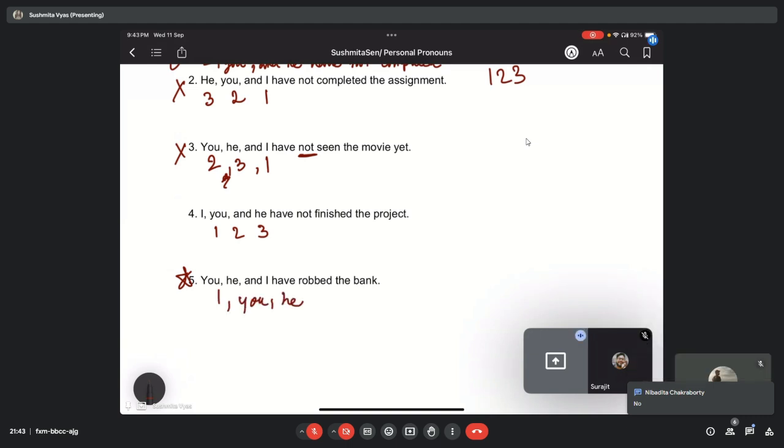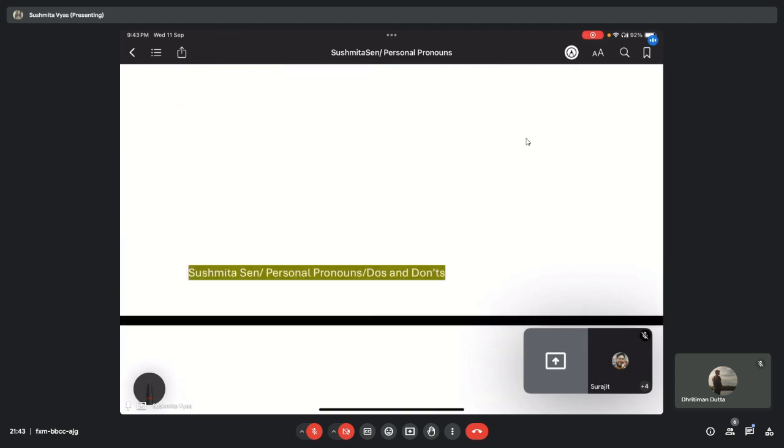"I, you, and he have robbed the bank." Robbing a bank is something bad, burglary, right? So here you are taking the blame first, so the correct order will be one, two, three. See, this is easy.